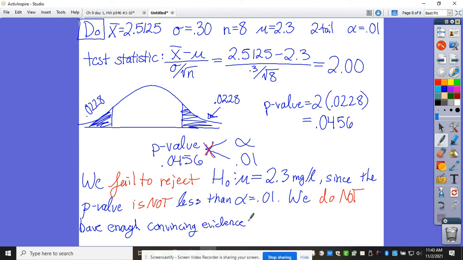And usually here I switch and go exact wording somewhere in the problem, which is usually at the bottom. So I do not have enough evidence that the concentration of the unit is changed.